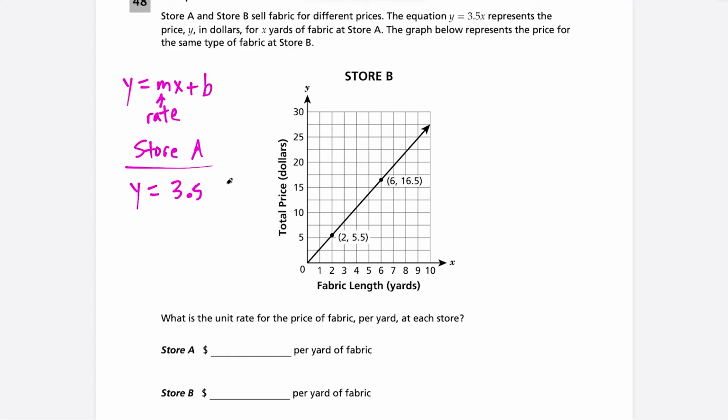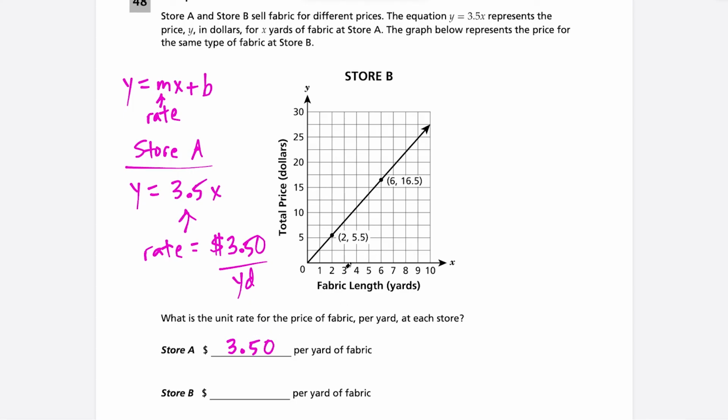This tells us that the store A rate is $3.50 per yard. We're just using the units that they gave us here. The y value is the price in dollars, and the x value is the length in yards. So we could just write that over here, that it's going to be $3.50 per yard of fabric. Notice I have the dollar sign here to match the units that we need.